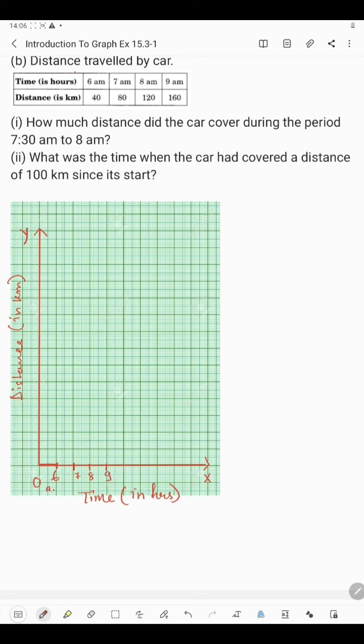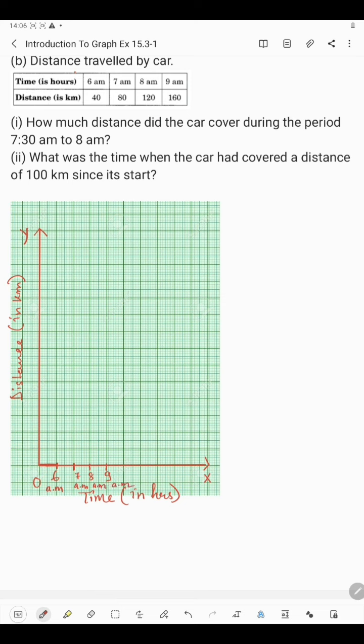Here 1 box is equal to 1 hour, because the difference between each number, 6 to 7 is 1 hour, 7 to 8 is 1 hour, 8 to 9 is 1 hour. So here we have taken 1 unit equal to 1 hour on the x-axis.